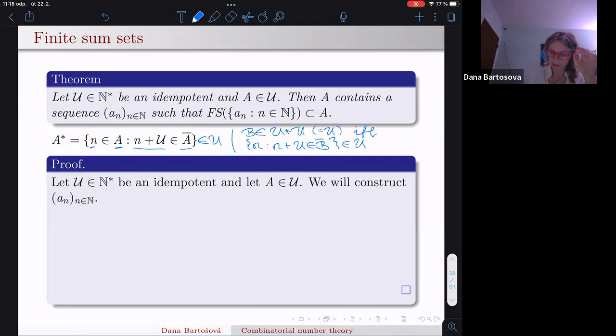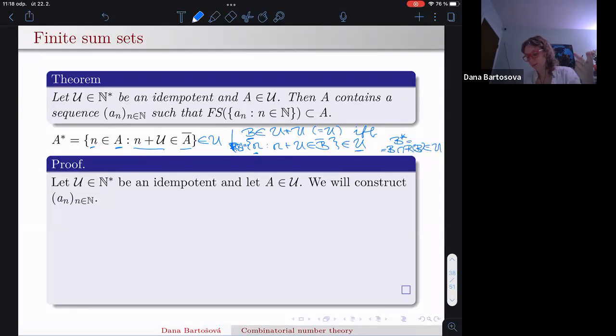So now we are using that because this set is in U and my original set is in U, then the B star, which is really the intersection of B with, let me say, the set of n's with B minus n in U. There is a reason for that, because again, it has a dynamical meaning.